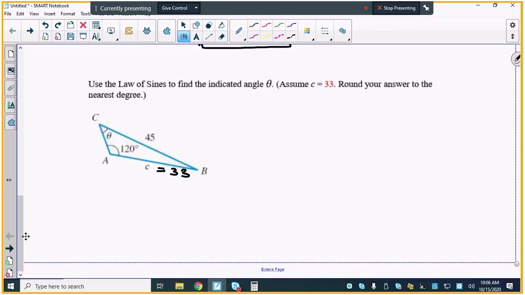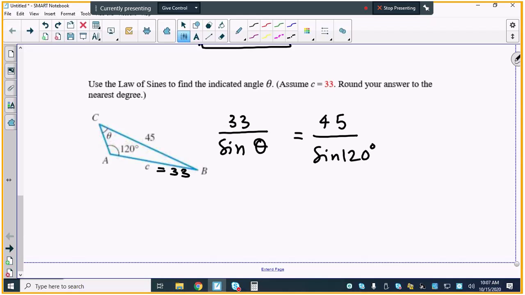But what I can do is use the sine rule and say 33 over the sine of the angle theta, that's the opposite angle to the side c, is equal to 45, the length of the side, over sine of 120 degrees. And remember, I'm trying to solve for sine theta, so I can do what I call cross multiplication. So multiply these two and multiply these two.